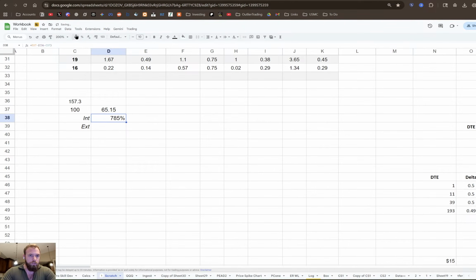We don't want a percentage here, we want a dollar amount. So that's your intrinsic value. I think I flipped them, sorry. Oh no, we just have to multiply it out. Your extrinsic value is the remainder. So this minus this, that's how far in the money you are, which is 57.30. And then your difference here is your extrinsic, which is 785. I just had them flipped.